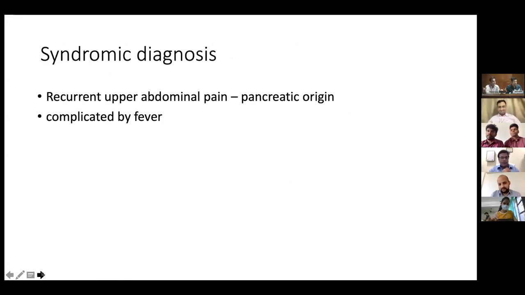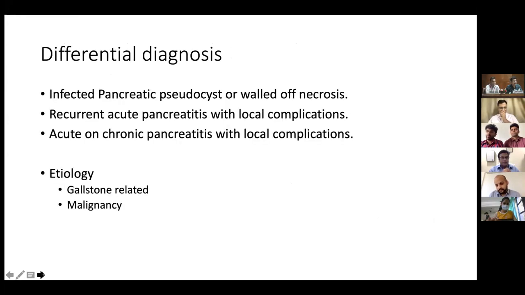With the above said history, I would like to consider the syndromic diagnosis of recurrent upper abdominal pain, probably of pancreatic origin, which is complicated by fever. For the differential diagnosis in the above said case, I will first consider a sentinel event which occurred 4 months back, which persisted and is causing local complications of infected pancreatic pseudocyst or walled-off necrosis.